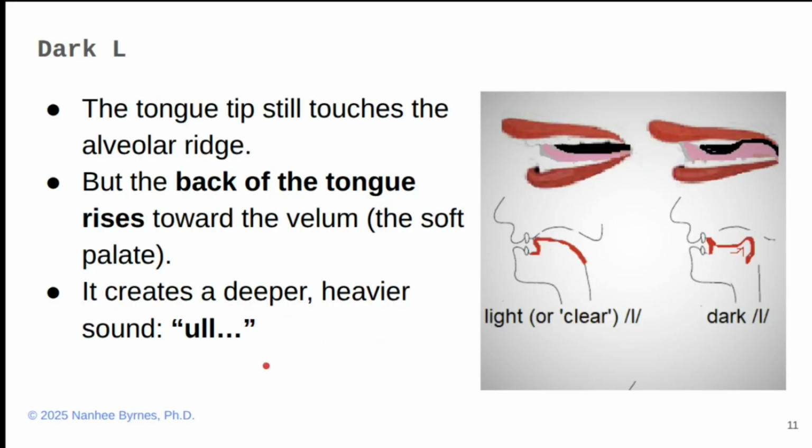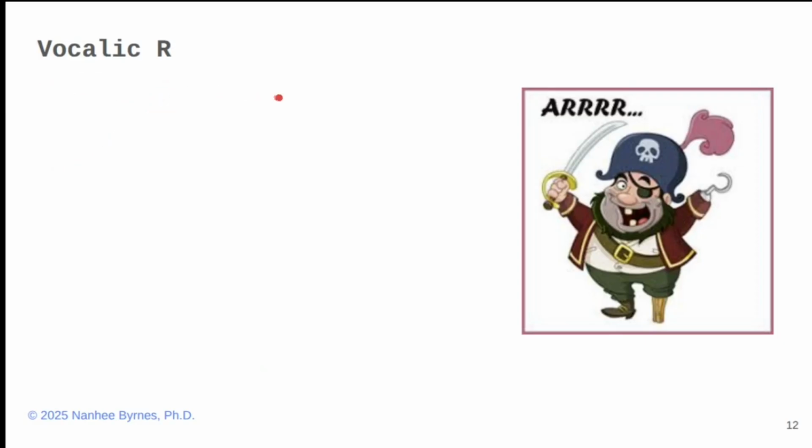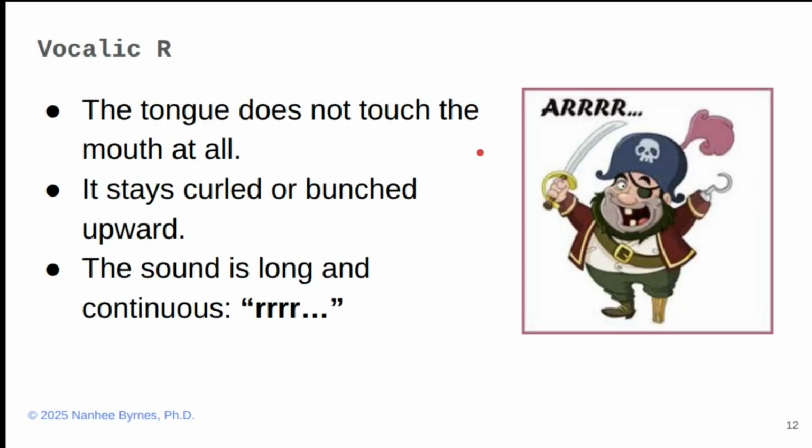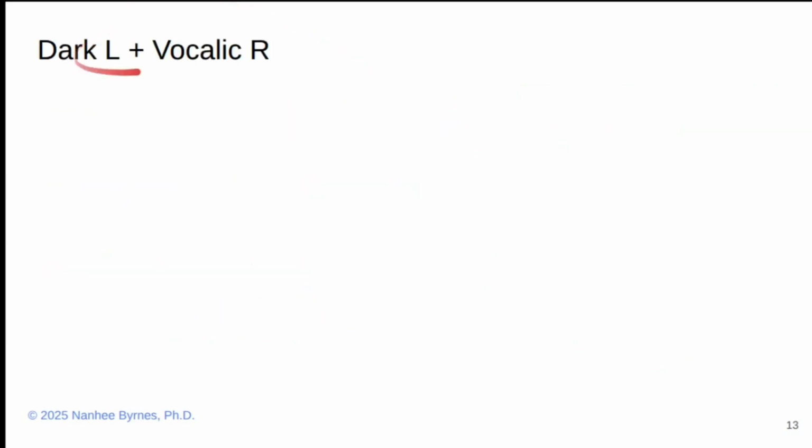Vocalic R. The tongue does not touch the mouth at all. It stays curled or bunched upward. The sound is long and continuous, like a smooth pirate sound. These two, dark L and vocalic R, are the main ingredients in difficult words like world, girl, pearl, and curl.